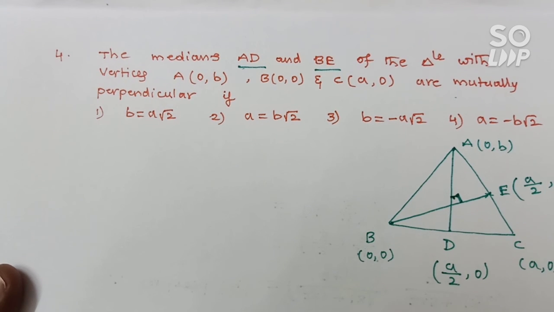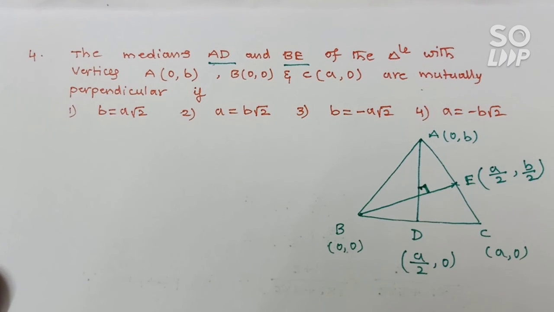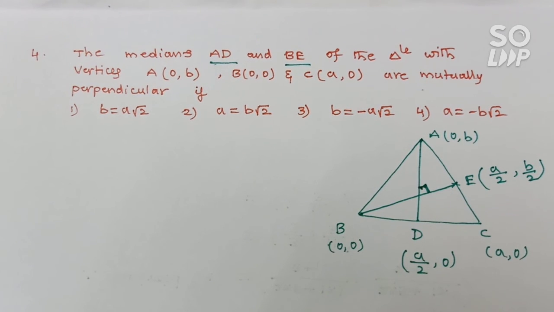What is the condition for perpendicular lines? The product of the slopes is equal to -1.